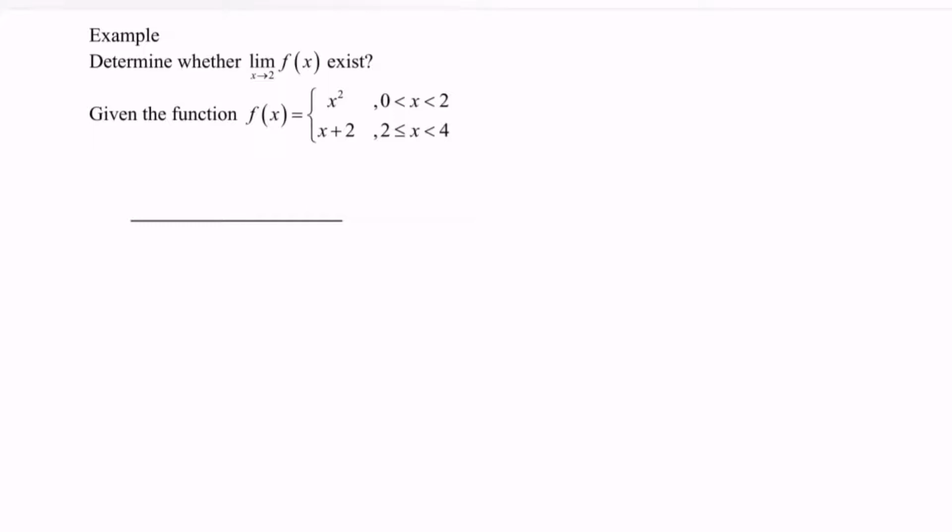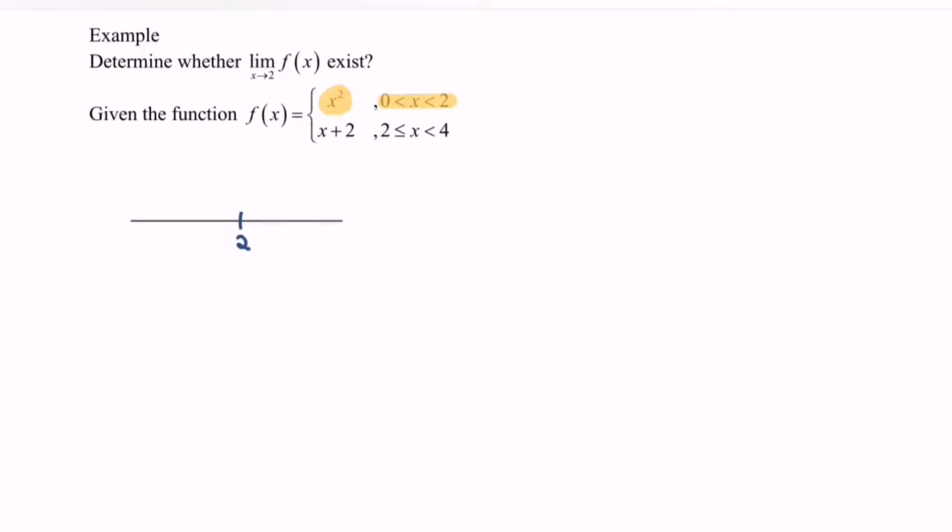Determine whether the limit of the function f(x) when x approaches 2 exists or not, given the function f(x). So what we have to do is illustrate the situation on a number line. Here we have the value of 2. Kindly refer to the function: we have x squared, and the domain is 0 until 2, where 0 and 2 are not included.